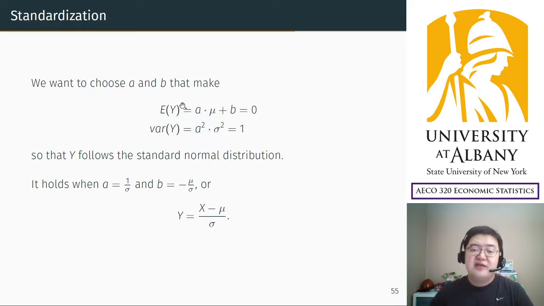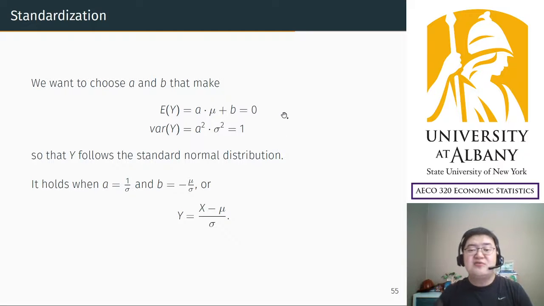That means we want the mean of the new random variable to equal 0 and the variance to equal 1, so that y follows the standard normal distribution, right? If you can choose A and B that satisfy these two conditions, then y is standard normal. Mean is 0, variance is 1.